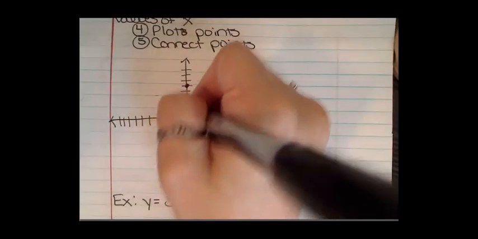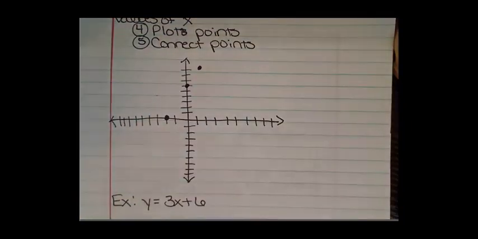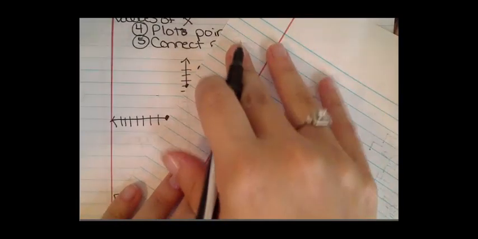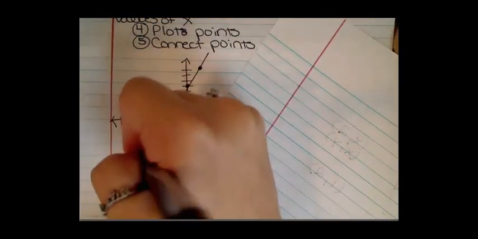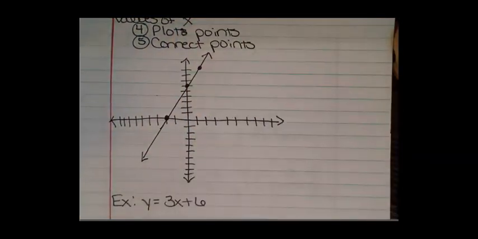So we go to the right 1, and then we go up 9. Again, on the course compass site, you will only need 2 points. So there you go. We graphed that line.